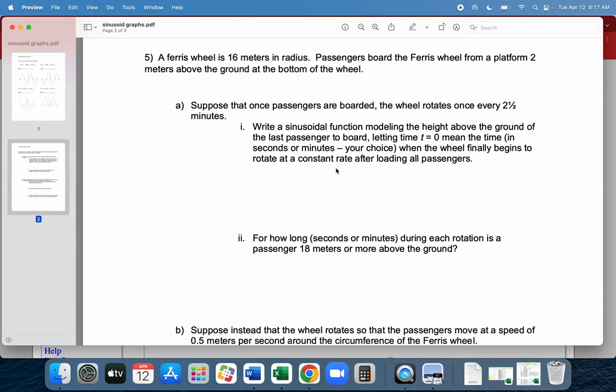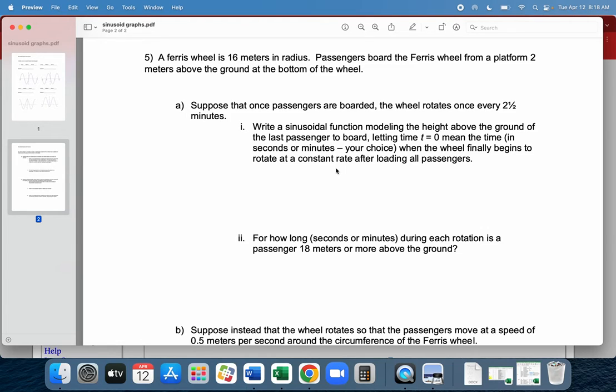Let's see. Have a midline at 18, and we're going to go equally above and below this 18. Minimum of 2, maximum of 16 plus 18 is 34. But we're starting at 2. And how much time has gone by?